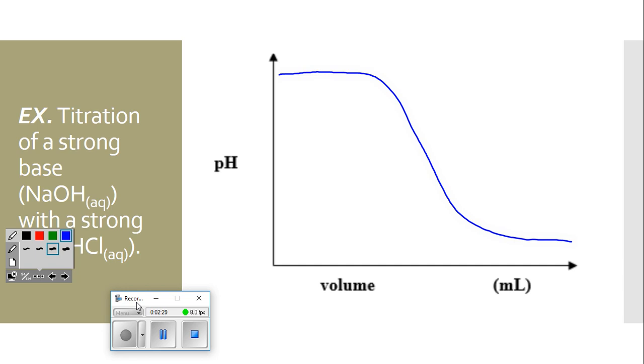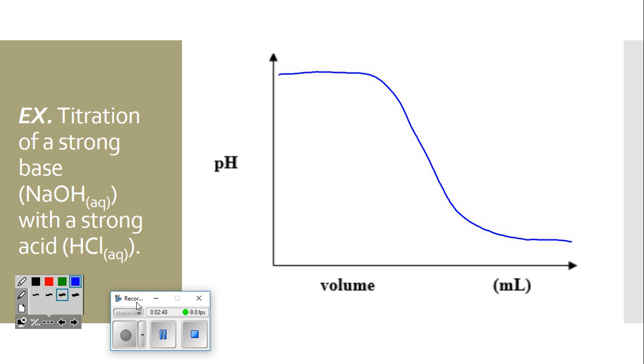Now, if we take a look at what's happening at the beginning of this titration, first of all, how did I know that the pH started high and went low? Well, I'm titrating with an acid, which means it is the titrant.